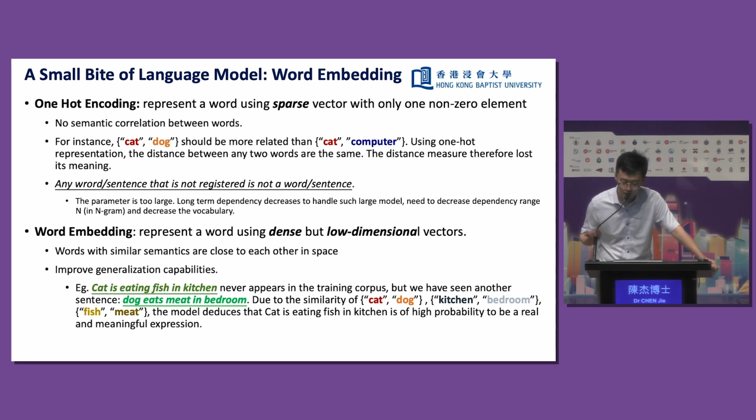Due to the fact that we already know cat and dog are similar concepts, and kitchen and bedroom, meat and fish are similar concepts, it is highly likely that the model will believe dog eats meat in the bedroom is a sentence that makes sense, that tells us something, it's relevant.